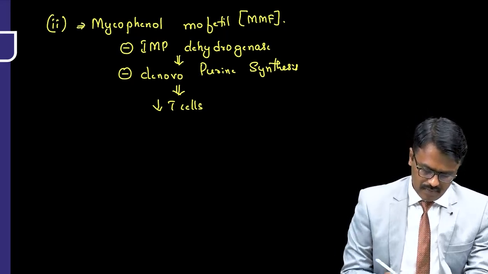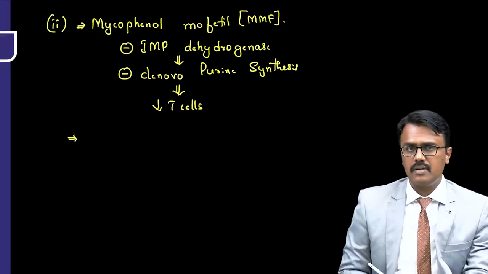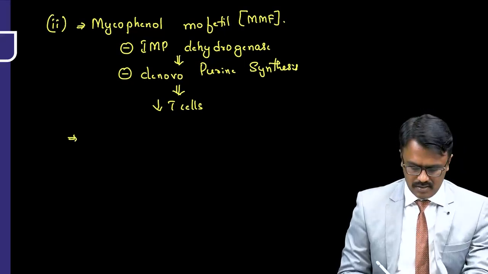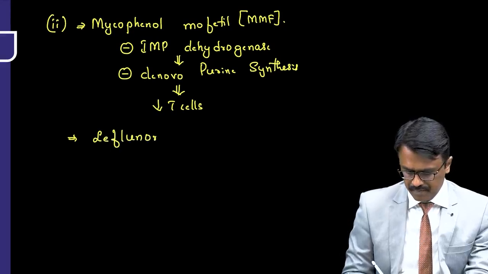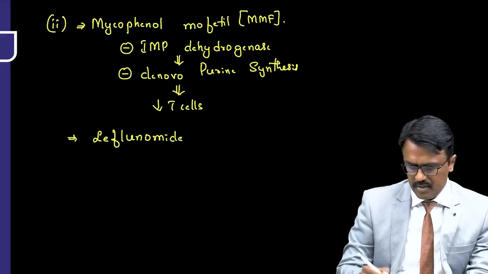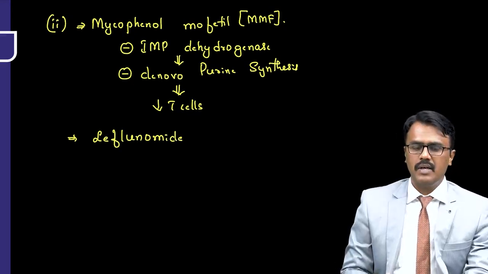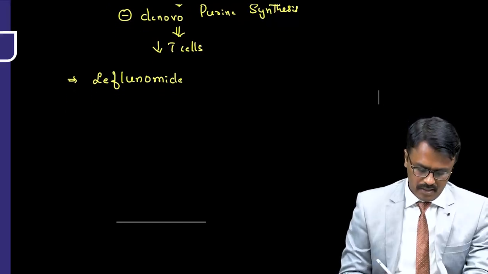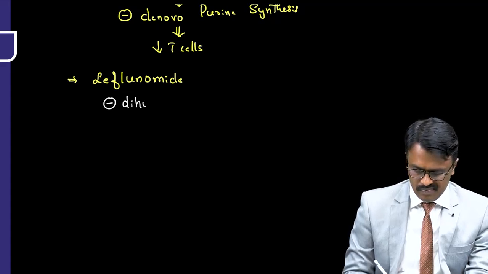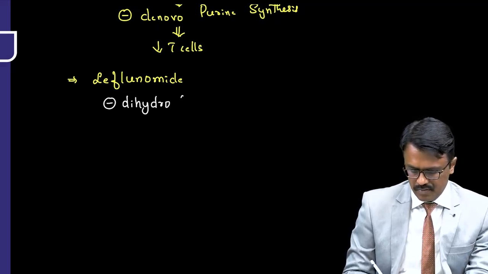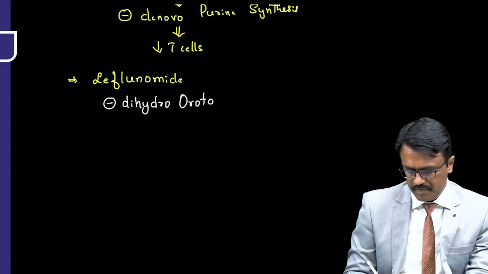That is one thing. Another drug which inhibits purine and pyrimidine synthesis is a drug by the name leflunomide. The drug leflunomide inhibits an enzyme called dihydroorotate dehydrogenase.